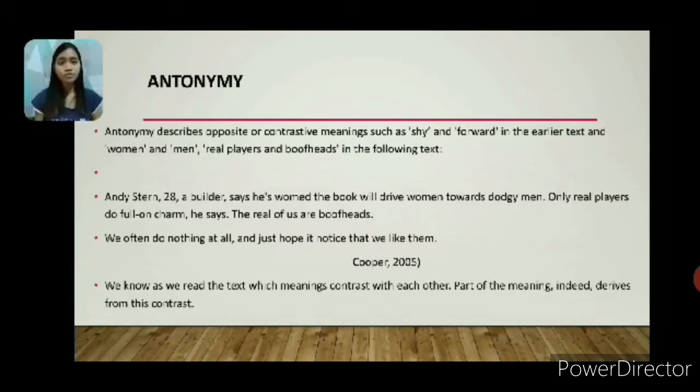"Only real players do full-on charm," he said. "The rest of us are buffheads. We often do nothing at all and just hope they've noticed that we like them." By Cooper 2005. We know as we read the text which meanings contrast with each other. Part of the meaning, indeed, derives from this contrast.